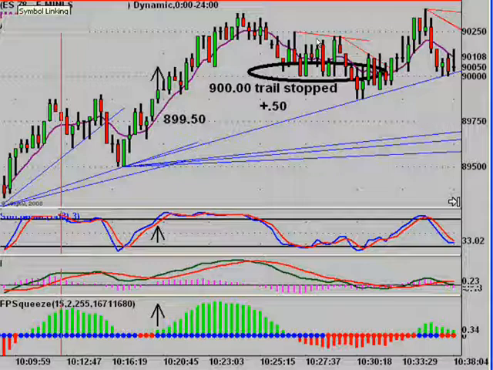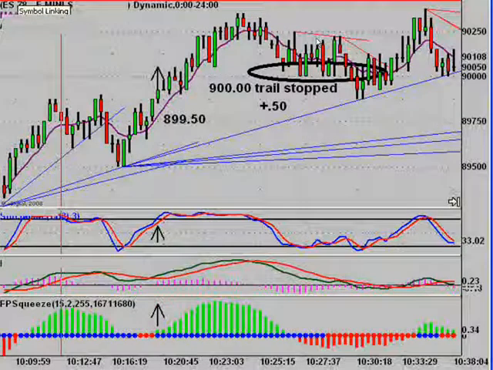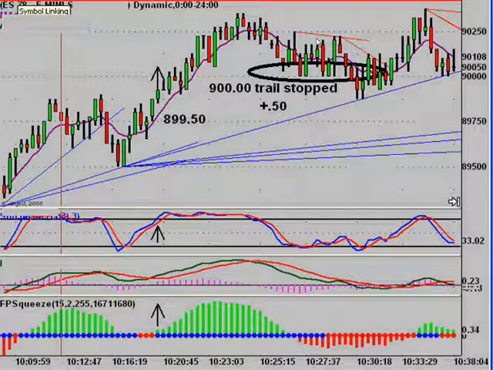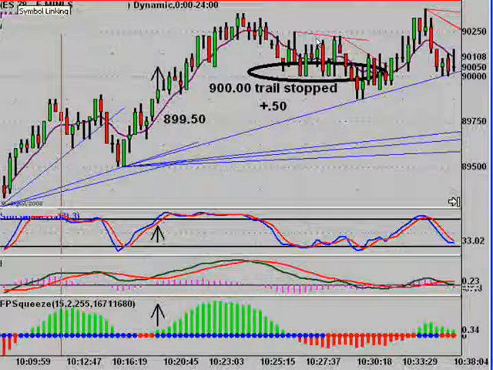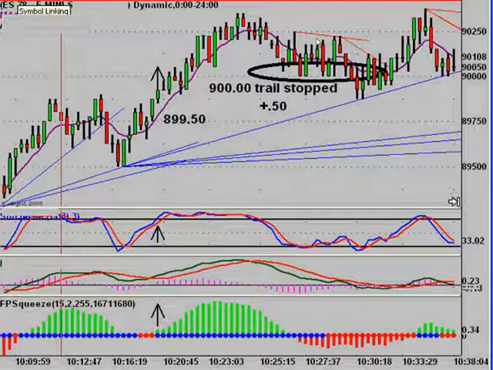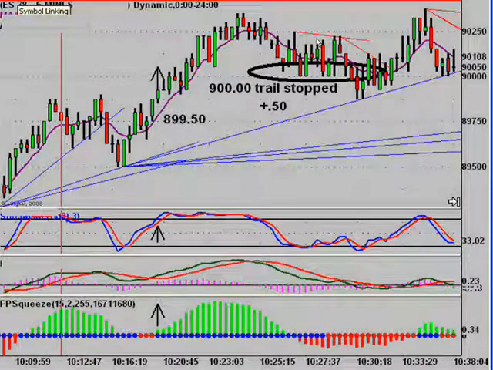You wouldn't have got your +4, but you would have definitely got your +2. So at least on 2/3 of your contracts and trail stopped out with a half on that final third if you're trading in thirds. If you're only trading one contract using the trail stop method, then you would have got stopped out with, like I said, half a point gain.